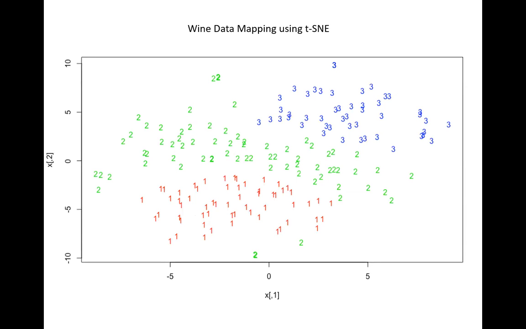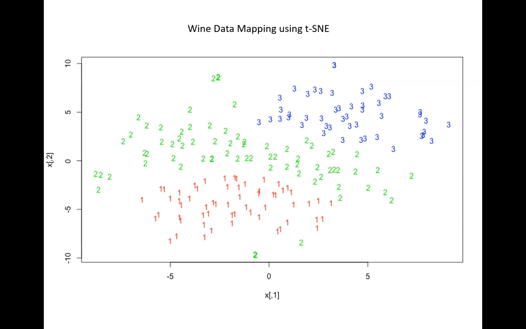So, here is another example of t-SNE applied to the wine data. Again, you remember we have talked about the wine data. So if you apply t-SNE to wine data, this is what you end up with in 2 dimensions. All right. So you can see here the 3 classes are nicely separated, except that there are 2 twos sitting below the group of ones.